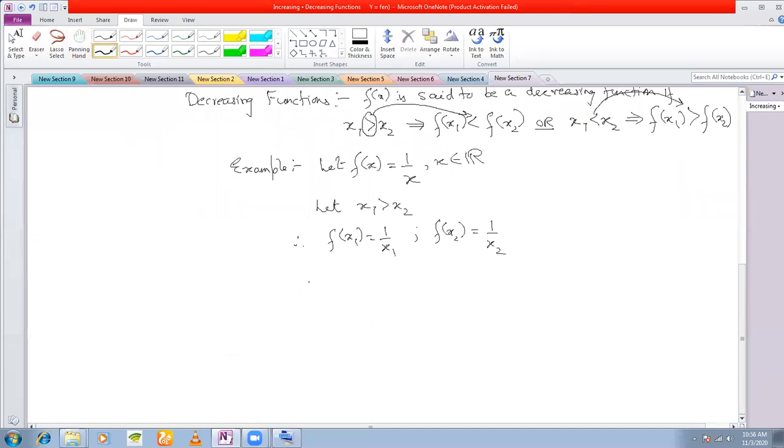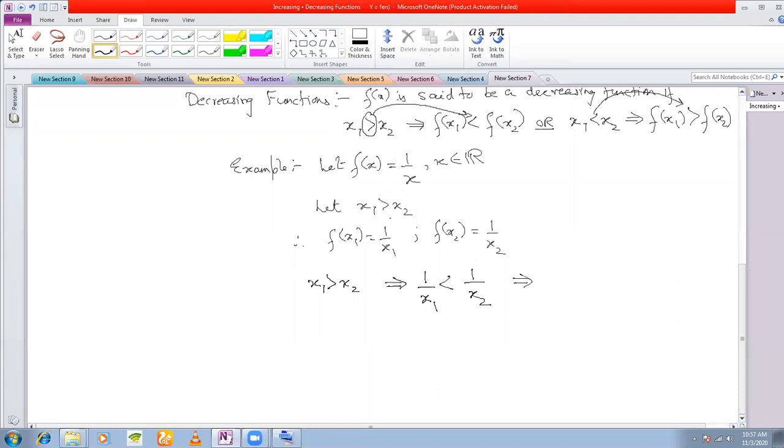So therefore, now if you have x1 greater than x2, that means now if I take the reciprocal of this, from the laws of equality, I can say 1 by x1 is less than 1 by x2.